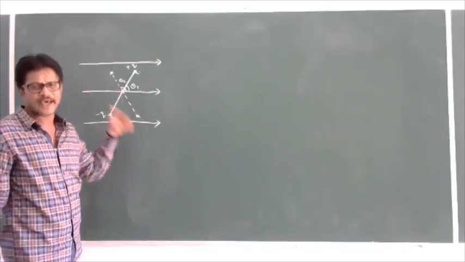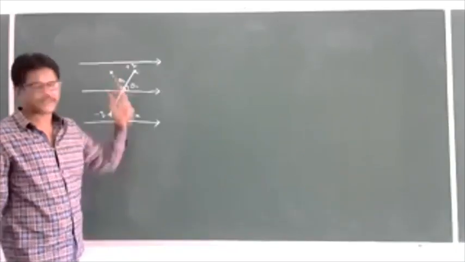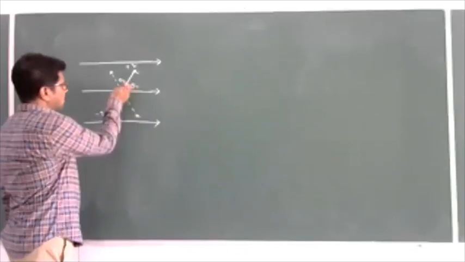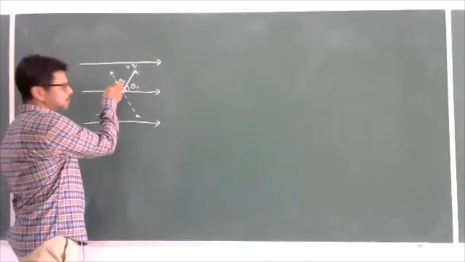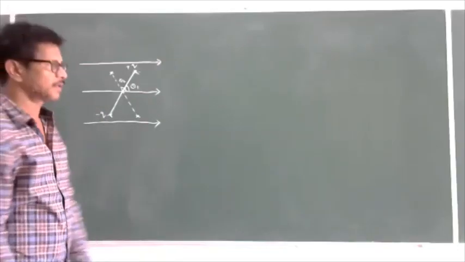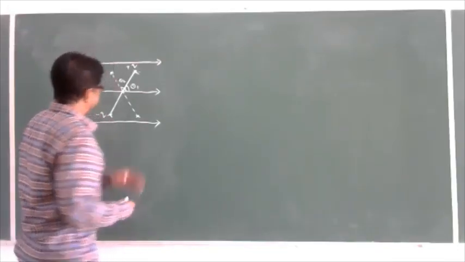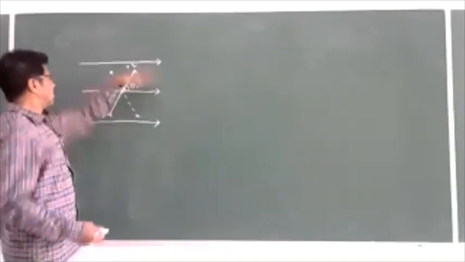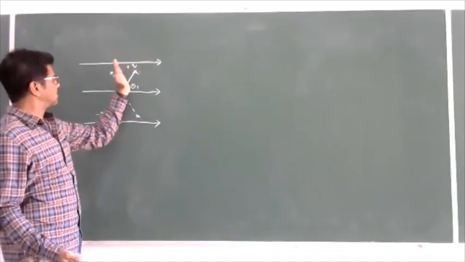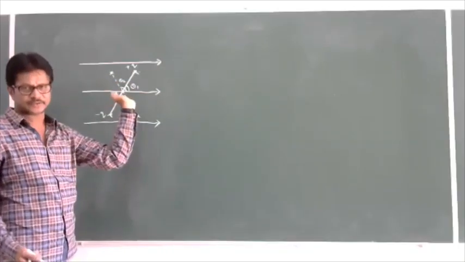How much work has to be done in order to rotate an electric dipole from an angle theta 1 to theta 2? At a time, I cannot rotate to the angle theta 2, so I will rotate by small angle, small angle, small angle like this.